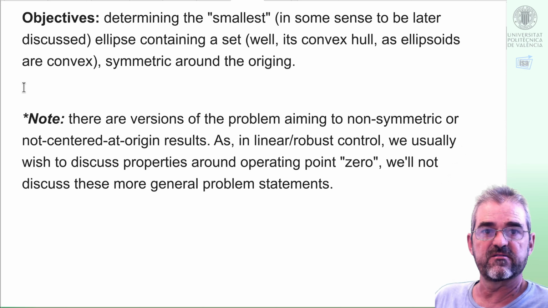So the LMIs for symmetric stuff will cover 99% of the cases I'm thinking of in later applications. But of course, you can search the bibliography for the non-centered version.